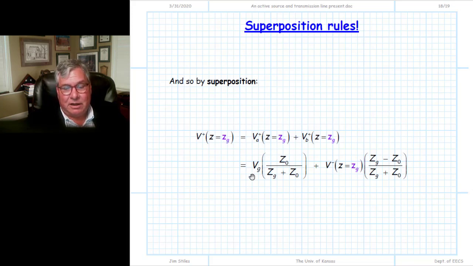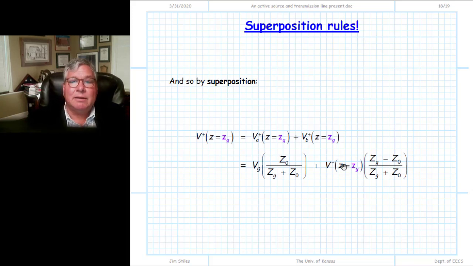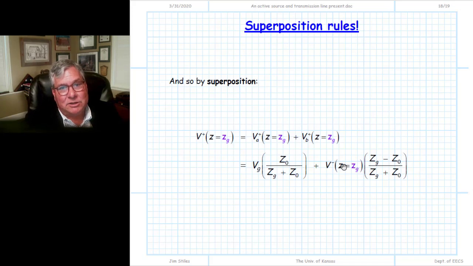One term is dependent on the source itself that's attached to the beginning of the line, Vg and Zg, and a second term is dependent on the minus wave voltage, the voltage that is coming back up the line from the load and interacts with the source to create a secondary component of the plus wave.